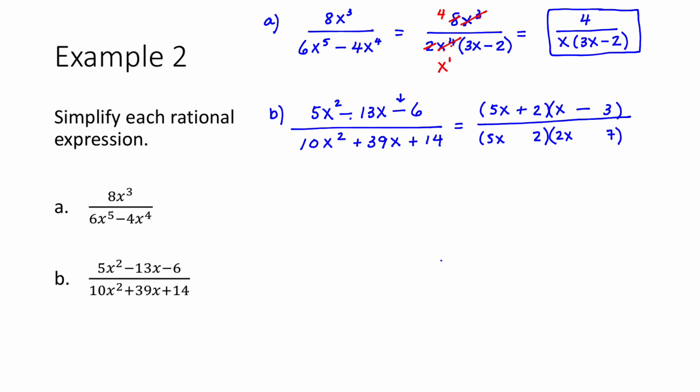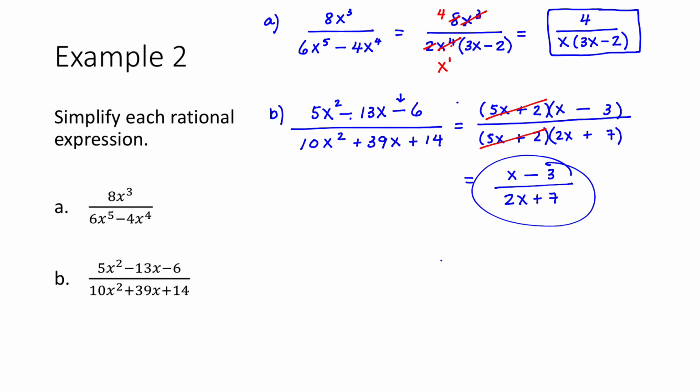I want a plus 39, and that's a plus 14, so the signs are the same. So I've got 5x plus 2 and 5x plus 2. Same factor, I can cancel. And my final answer is x minus 3 over 2x plus 7.